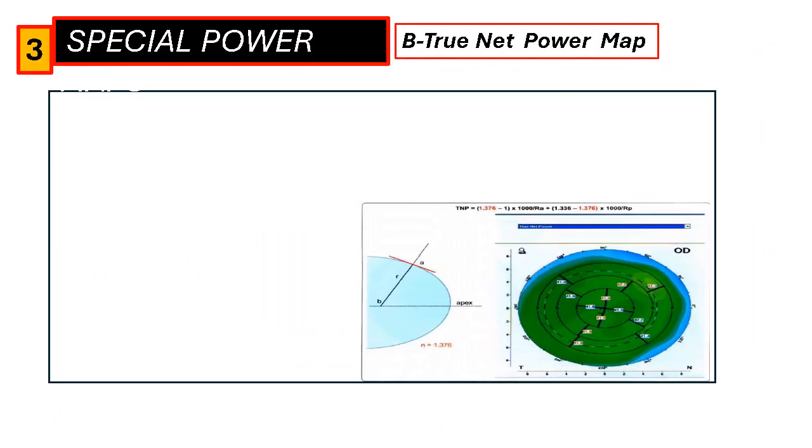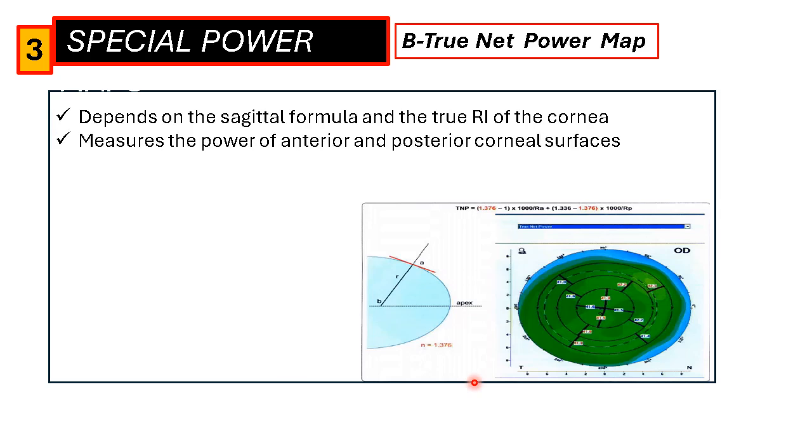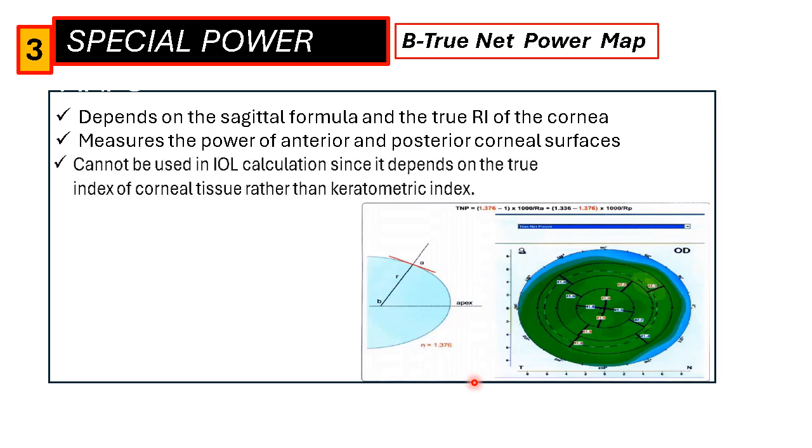This is another special power map. Also, this is the true net power map, which also uses the true refractive index of the cornea, not the assumption that's made for the refractive index. And it measures both the anterior and the posterior surface of the cornea. So it gives the true net power of the cornea.